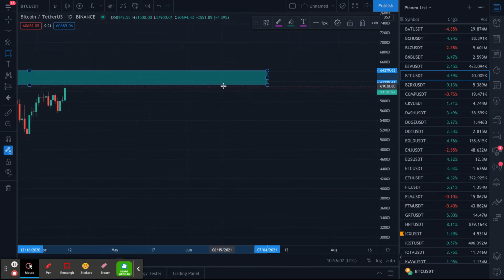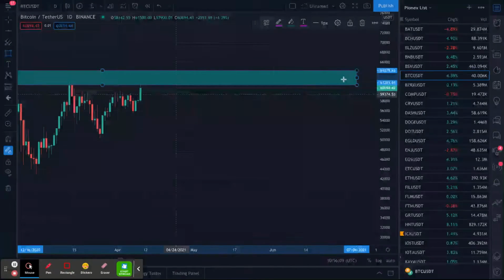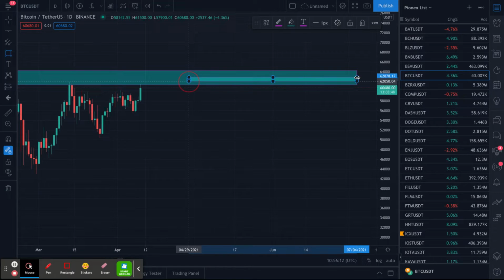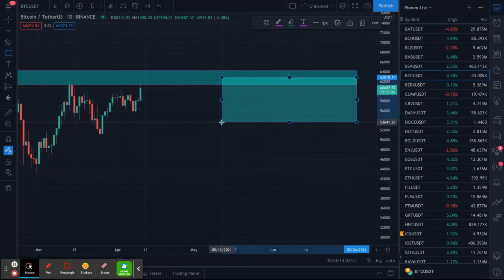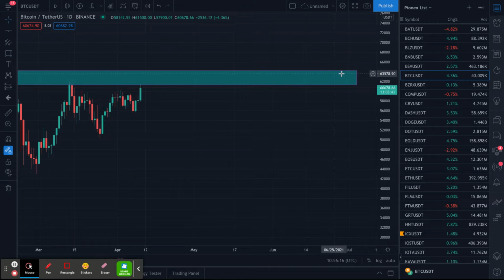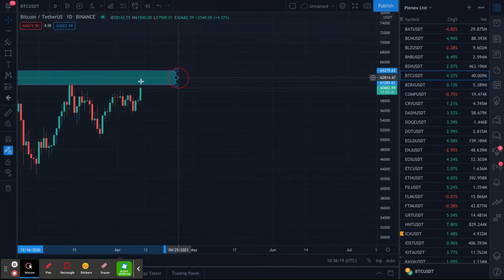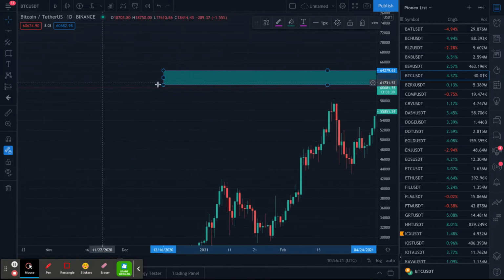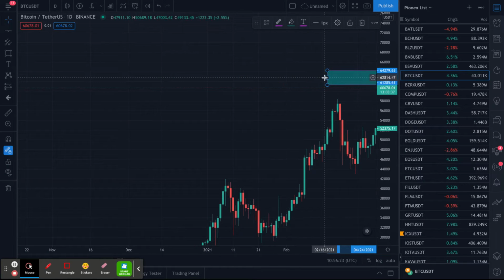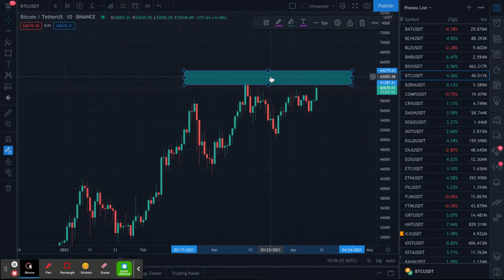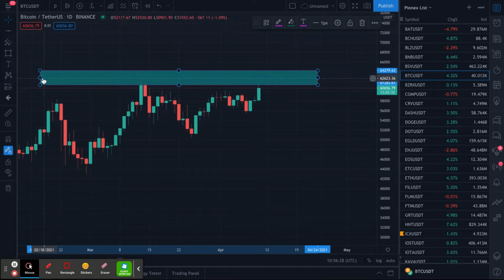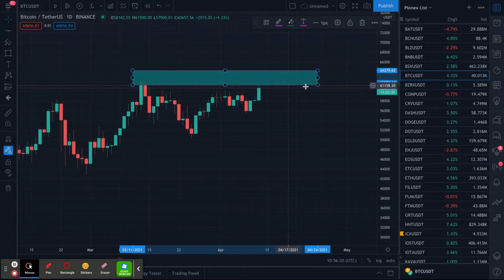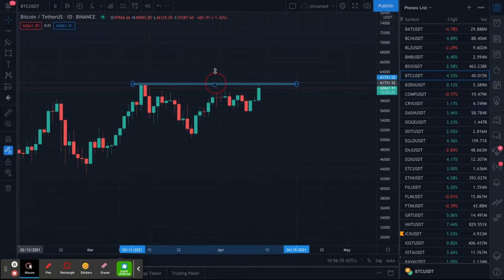And if we really want to get down to it, it's that area right there.